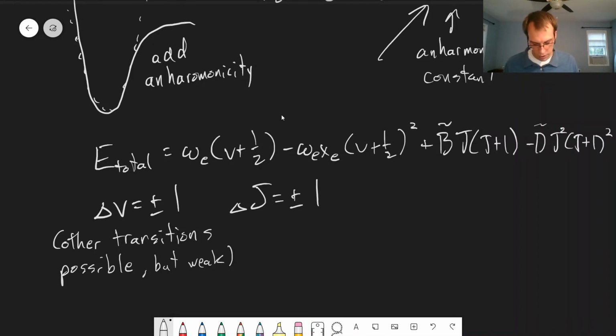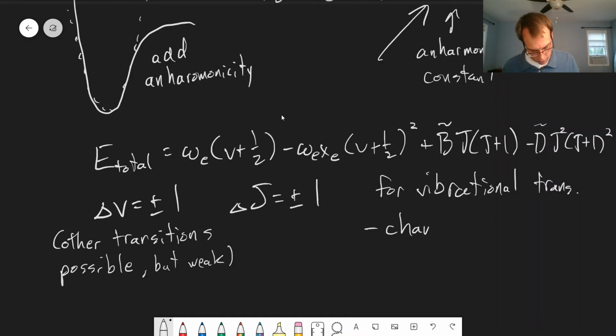The other thing is, to observe a vibrational transition in terms of the molecule absorbing light, we have to have a change in the dipole moment as the molecule vibrates.